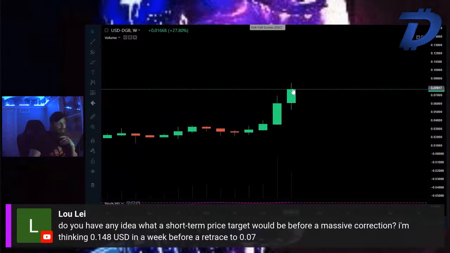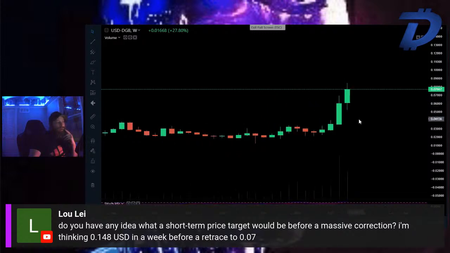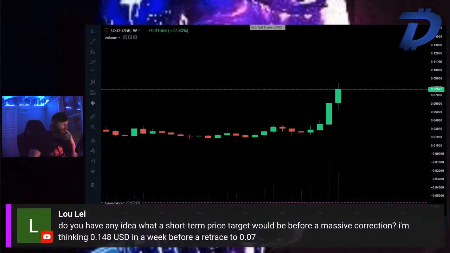Or if it didn't move at all and we went to 8 cents, 8.5 cents, we took back the wick. If Bitcoin slams down, we're having a short term correction. Where would it go? Is the question.